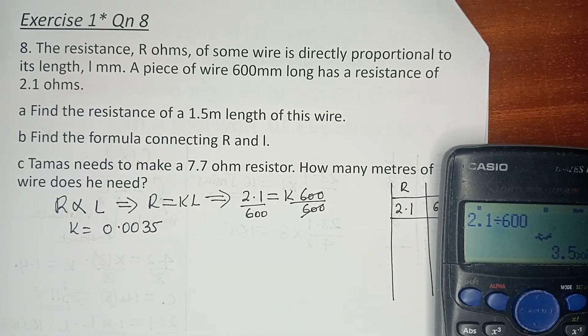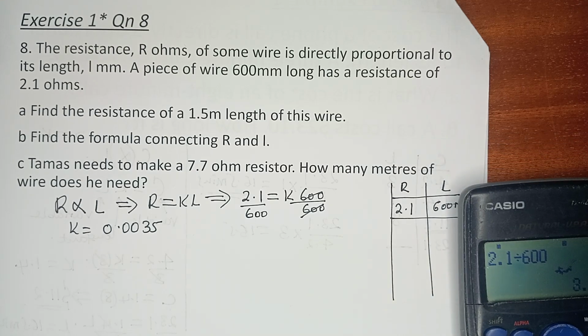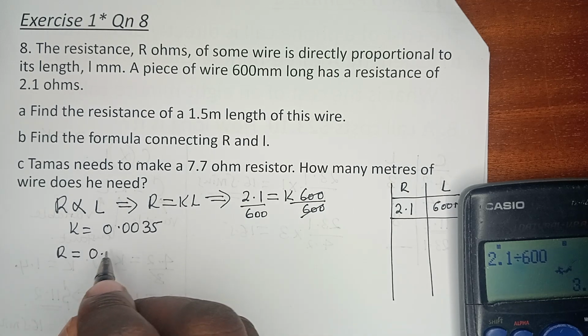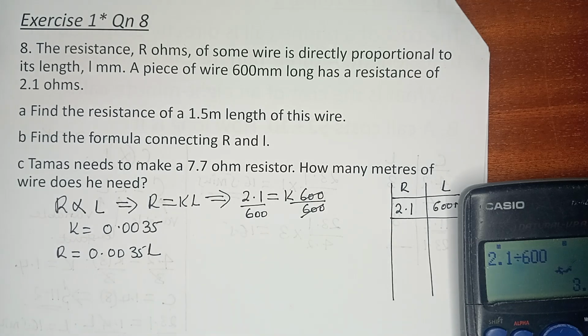If that is true, then we can now answer the questions, because the relationship between R and L is now clear. We have R is equal to 0.0035 L. Let us go to the first question.